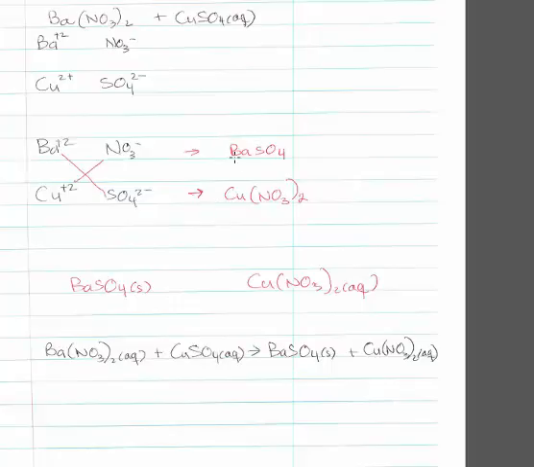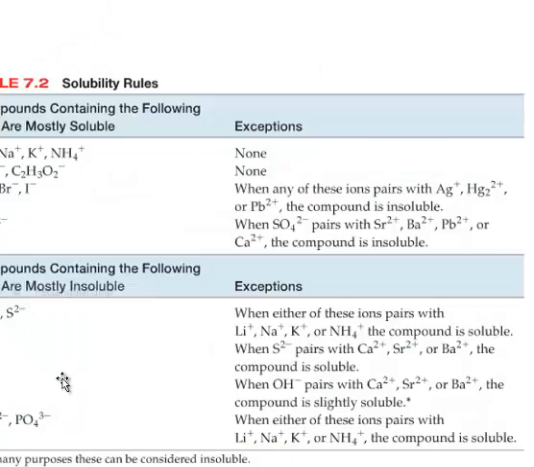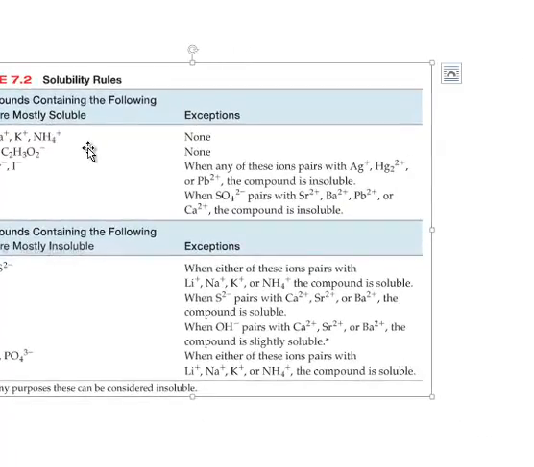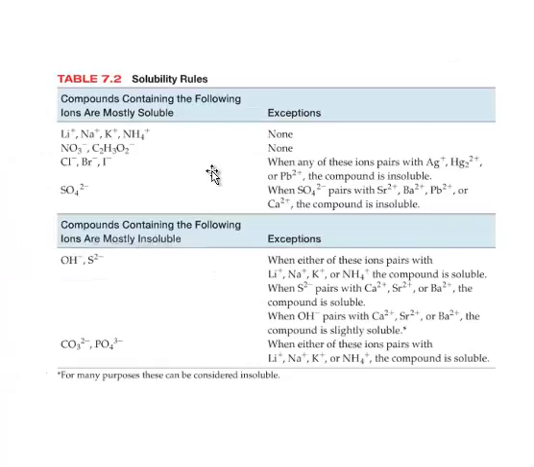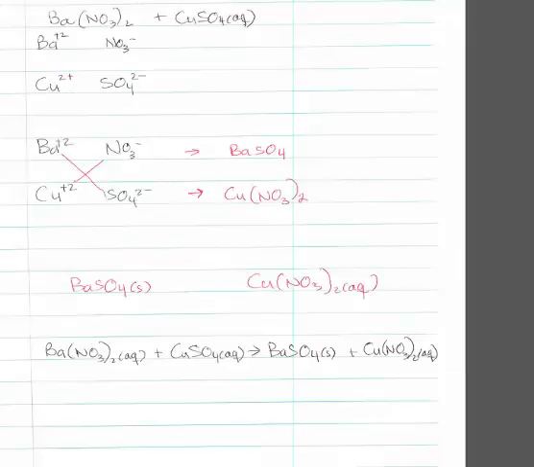The next thing that I do after I figure out what the formula of the products are is I look at the solubility guide. So I'm going to bring up this solubility guide. Let me make this a little bit smaller so we can see it. This is the solubility guide from the textbook. And so I'm going to take a look at barium sulfate.